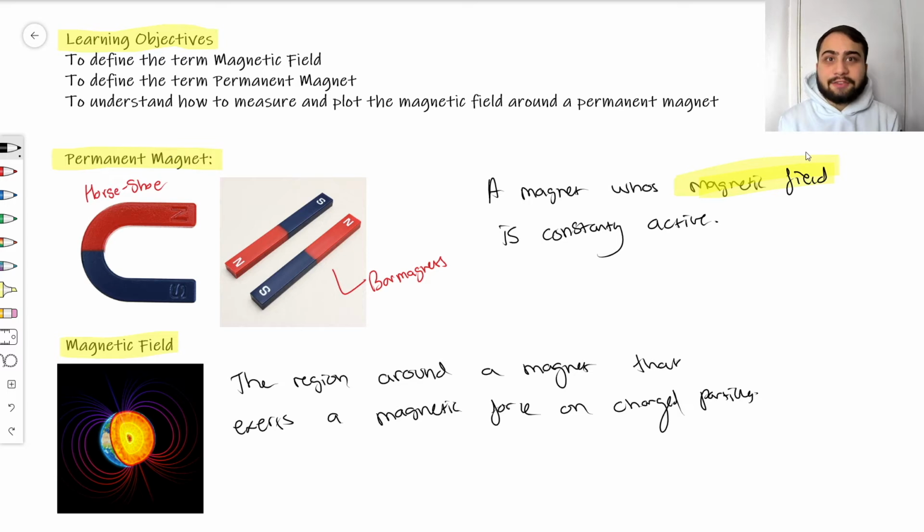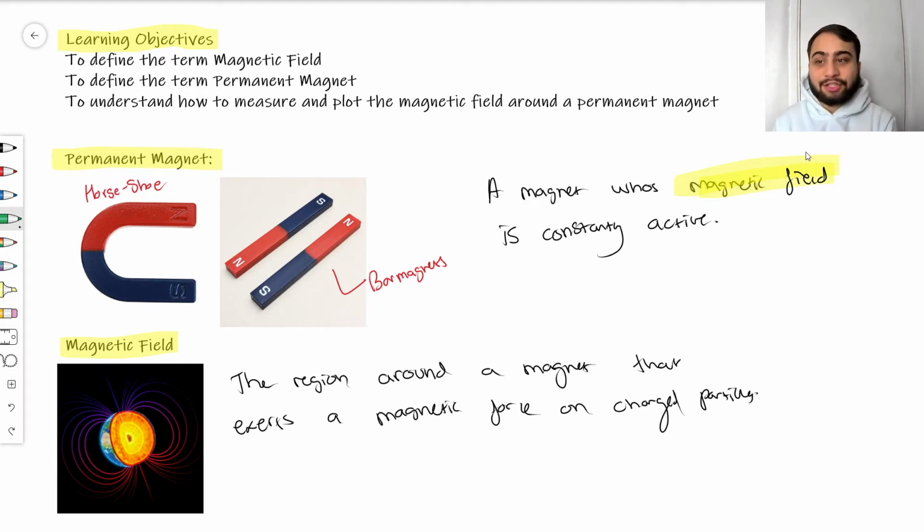That's a very important word there, charged particles. Magnets can't really affect neutral particles. You know how some metals are magnetic and some aren't? Well, that has to do with the properties within the actual materials themselves. So a magnetic field really talks about the region around a magnet that exerts a magnetic force on charged particles.